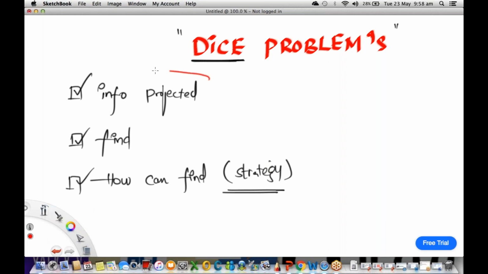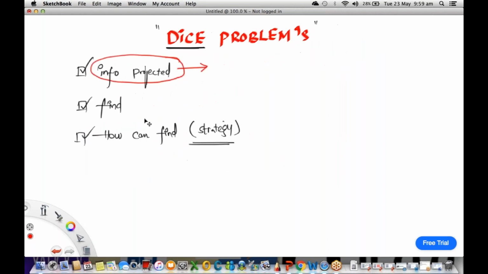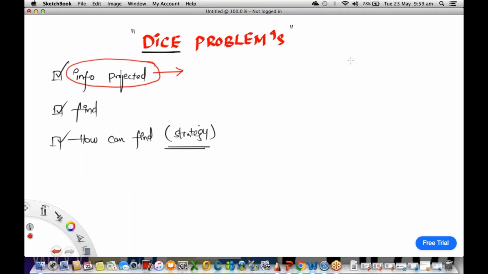What information is projected to you in dice problems? You will find information related to the dice. So what is a dice actually? Dice is nothing but a cube which has 6 faces. Dice will normally be like this. This is a cube, and this cube has 6 faces.